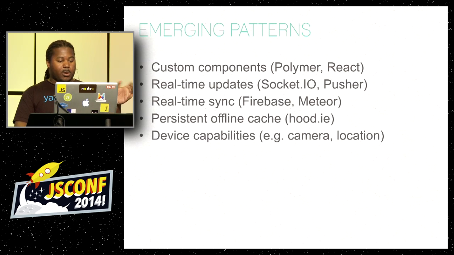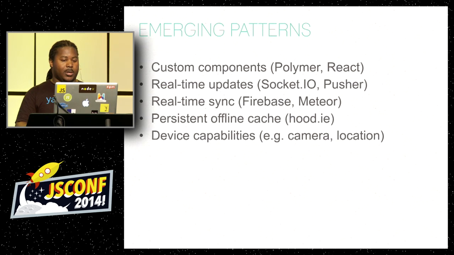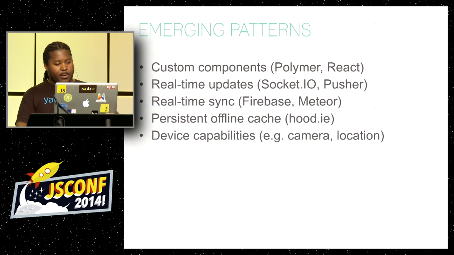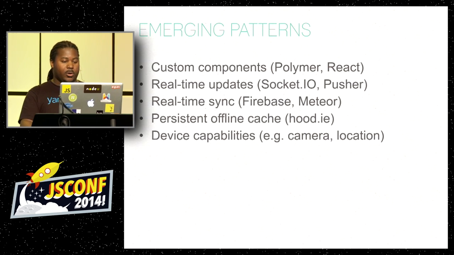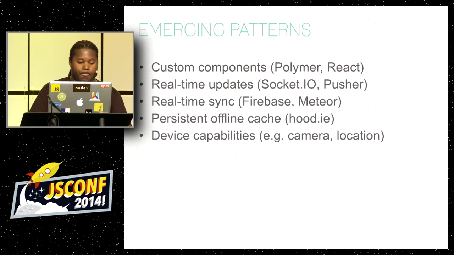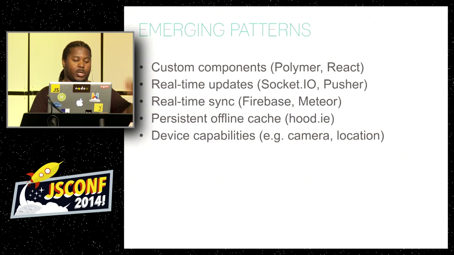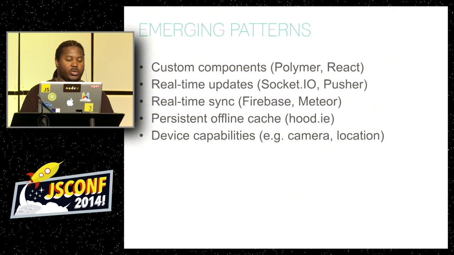So custom components we just looked at with Ember, but Polymer and React are at the forefront of that, I think. Real-time updates, which we're going to talk about. People's go-to is usually Socket.io, but there's definitely other things you can grab, like Pusher. Real-time sync, which is related: save your models locally and then have an always-on syncing thing going with your server.